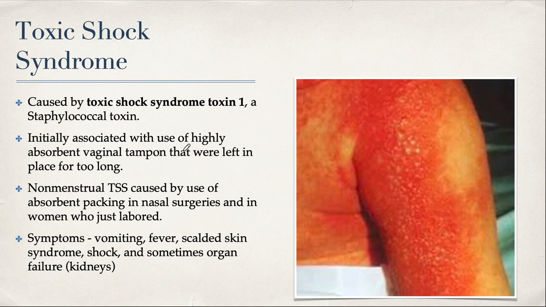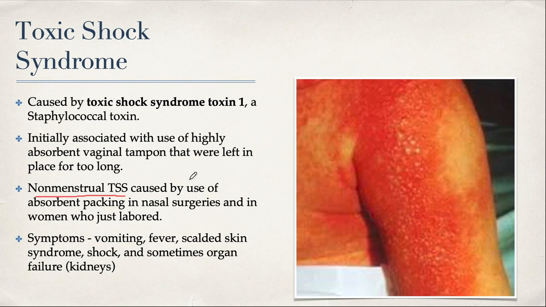However, more recently, because tampons are not as commonly in use as before, the more common forms of the infections that we see are non-menstrual forms of the toxic shock syndrome, which is caused by the use of absorbent packing in nasal surgeries.